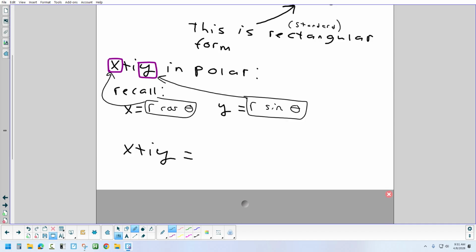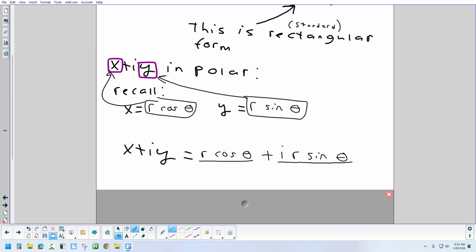Okay, so now if I write it, I'm going to have R cosine theta plus, nothing's happening to the I, it's just staying right where it is. And then the Y is turning into R sine theta. Now, if you look at what I underlined there and there, what do they have in common in front of the trig function?